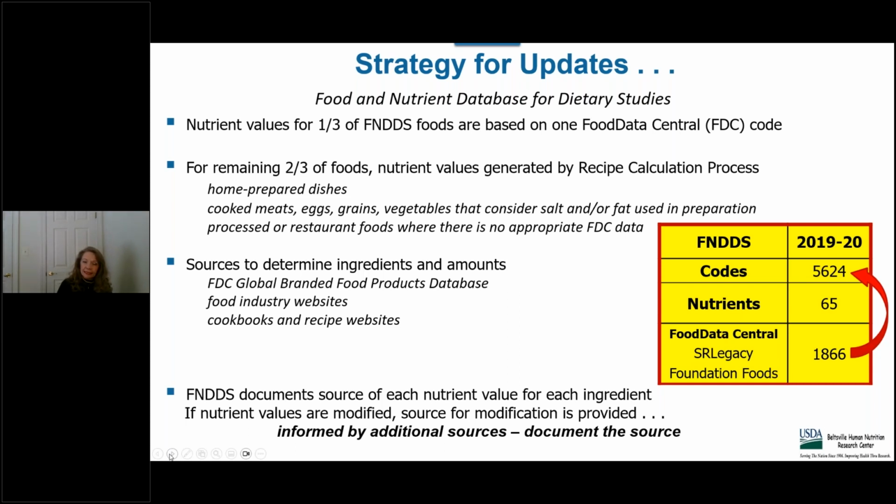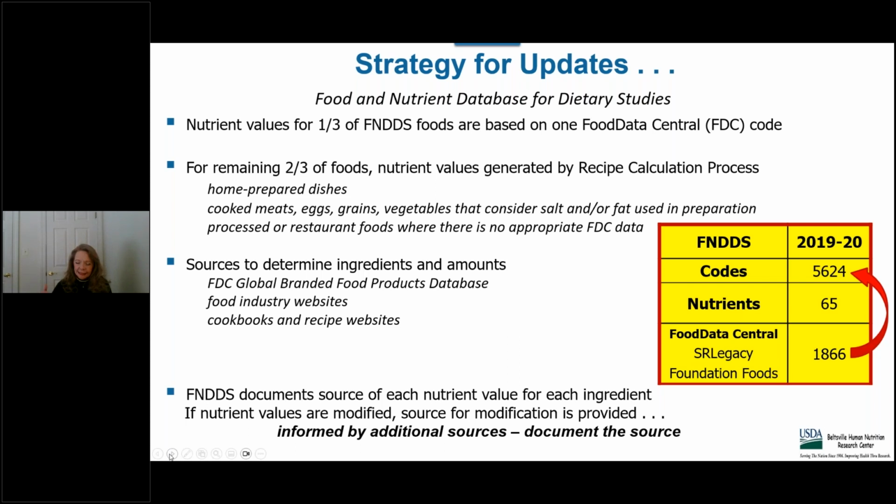In the FNDDS documentation, we provide the source for each nutrient value for each ingredient. And if the nutrient value is adjusted or modified, we provide the details of where we got the modification and document that source.